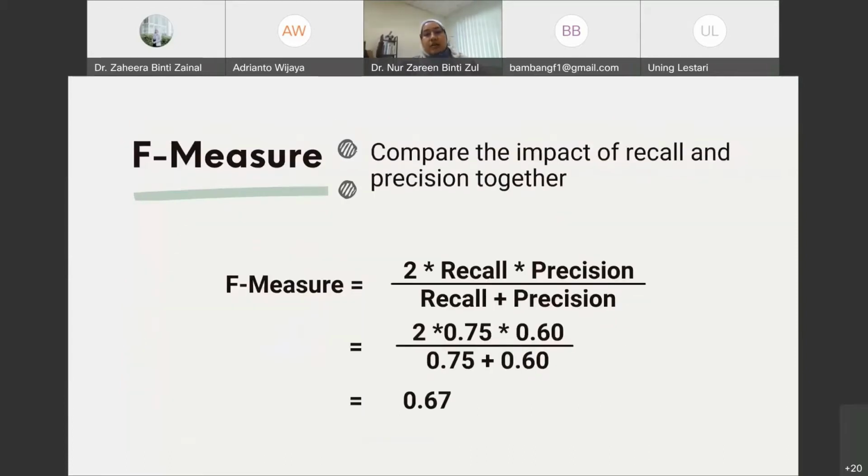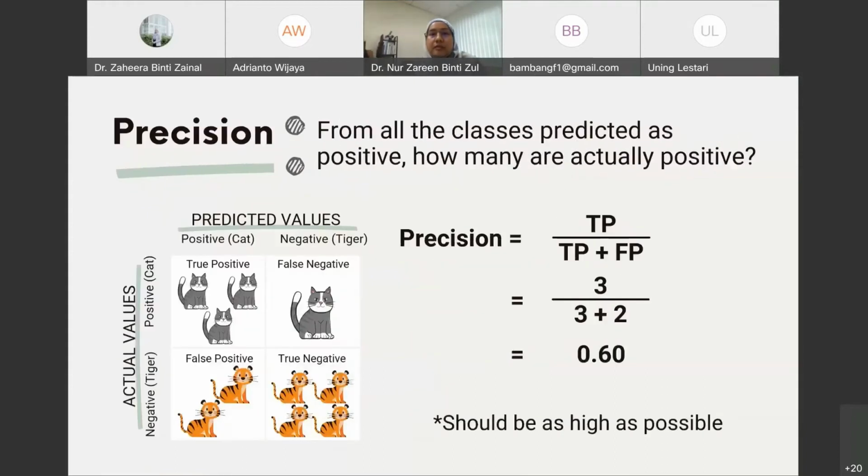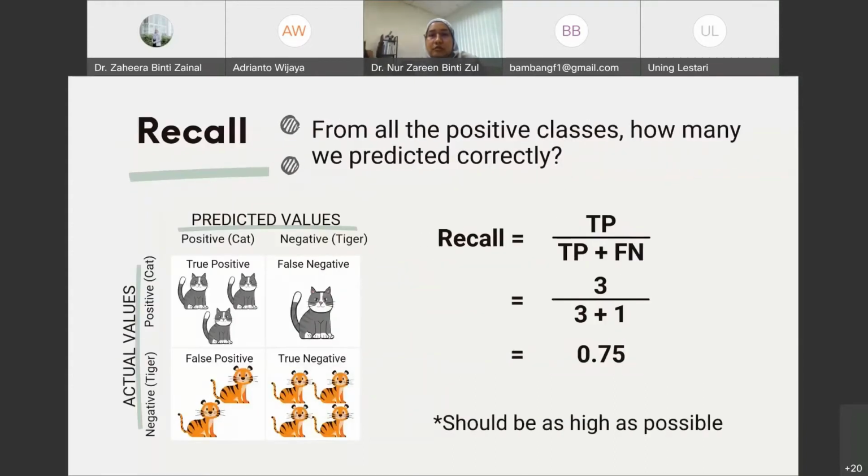So lastly, out of those 4 measures, the last one would be F measure. F measure basically compares the impact of recall and precision together. Recall, if you remember, talks about positive classes, how many were predicted correctly.